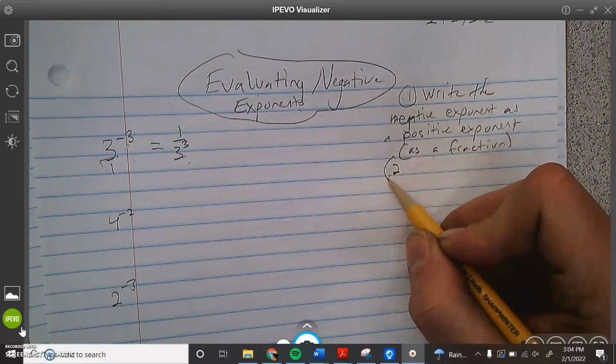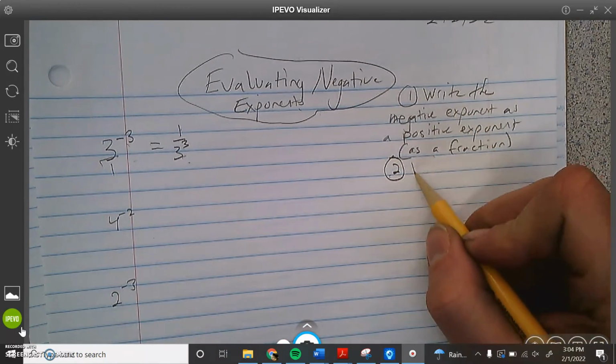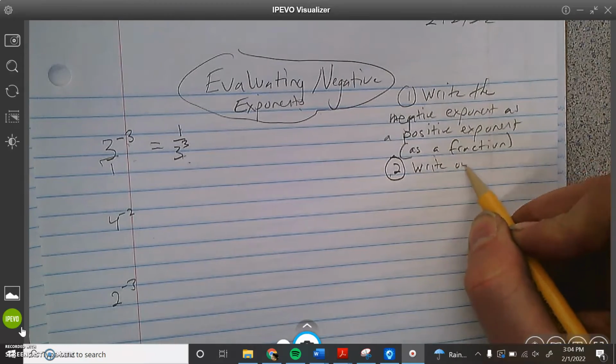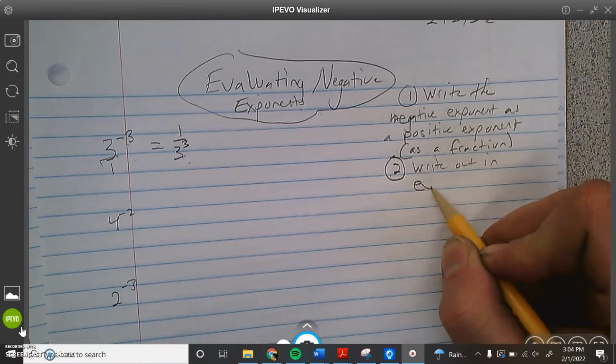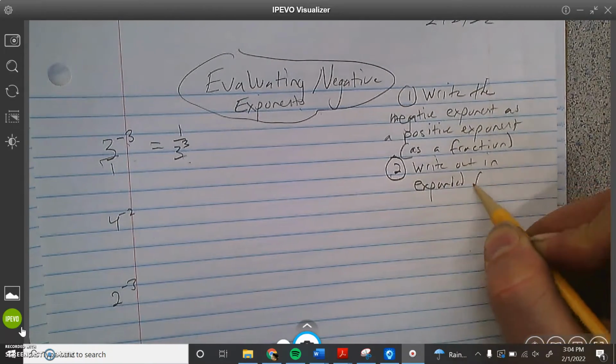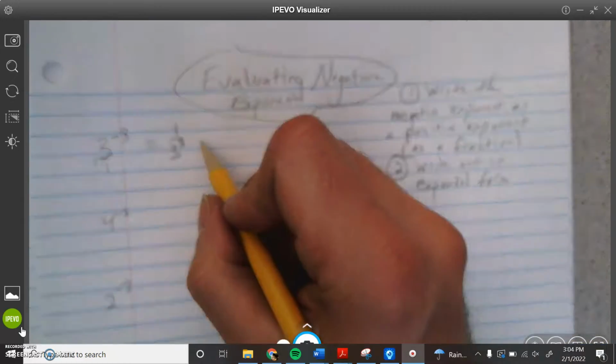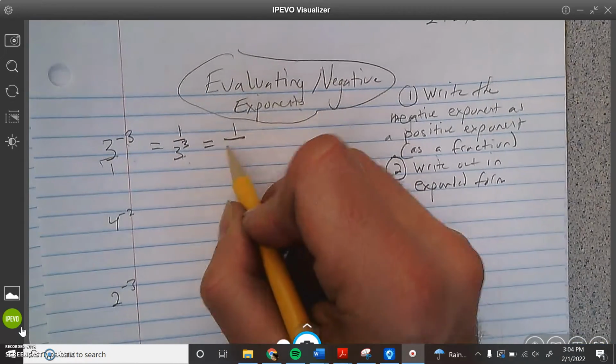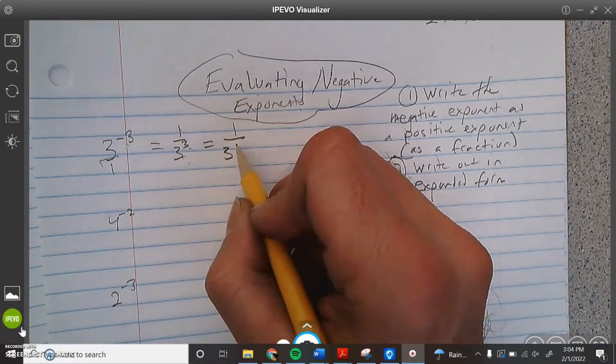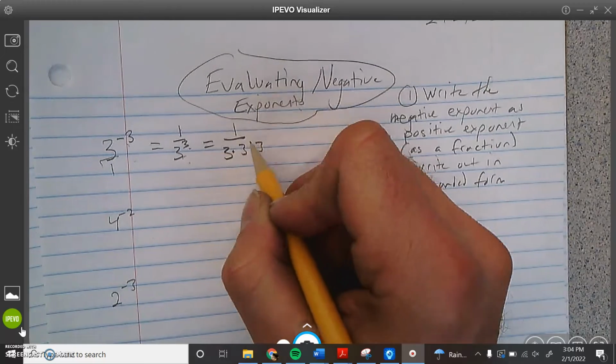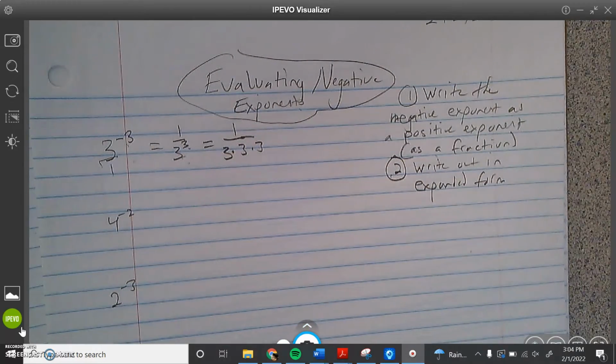Step 2. Write it out in expanded form, which is 1 over 3 to the third, which is 3 times itself 3 times: 3 times 3 times 3.